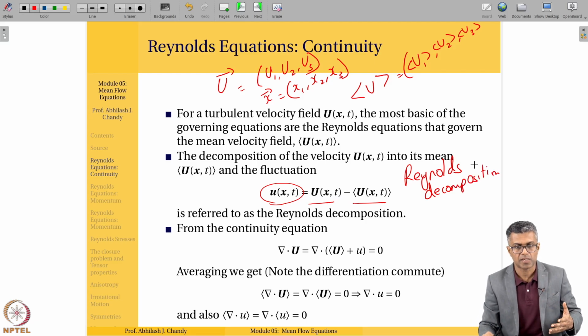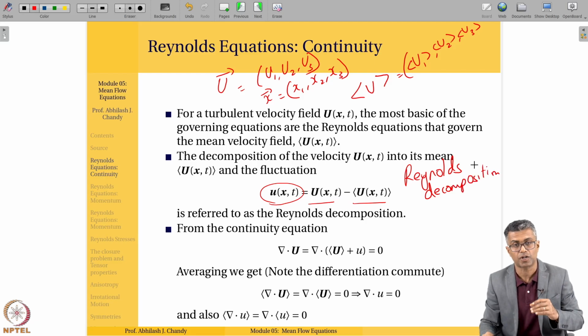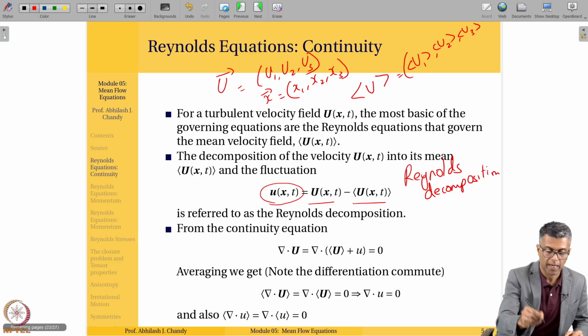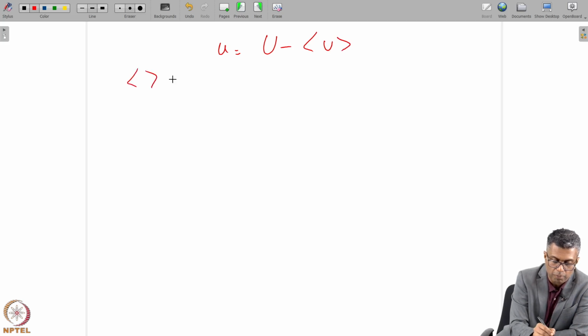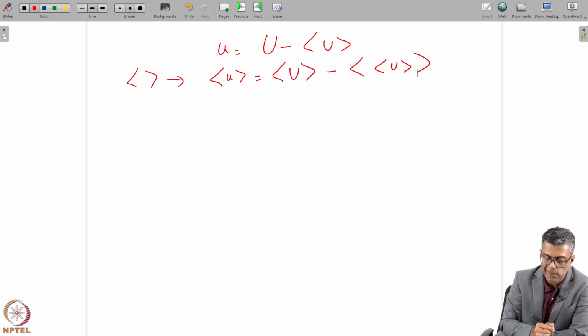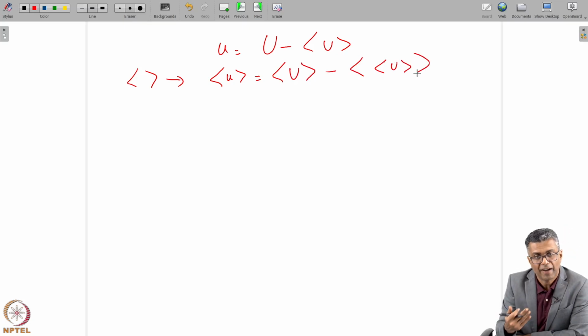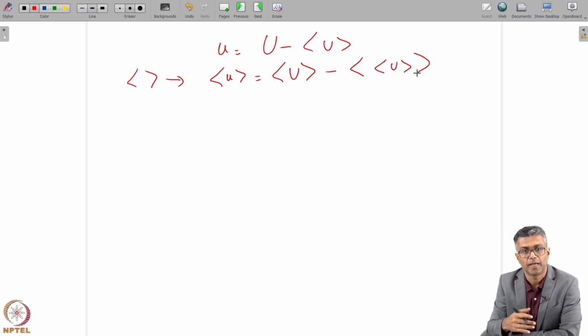As an exercise, let me take the average of this Reynolds decomposition equation. I have u' equal to u minus mean of u. Now I take the average on both sides. What I get is the average of the fluctuation of u is the average of u minus the average of u. If you take an average of the mean, you get the same thing. It doesn't change.